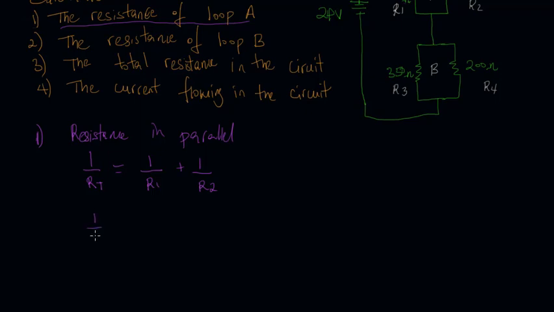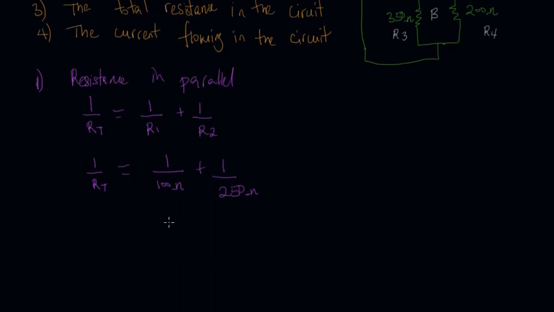So 1 upon RT is equal to 1 upon R1, which is 100 ohms, plus R2 is 250 ohms, so 1 upon 250 ohm. Right? At this point now, we simplify using our LCM, which again is our lowest common multiple. In this case, our LCM is 1000.